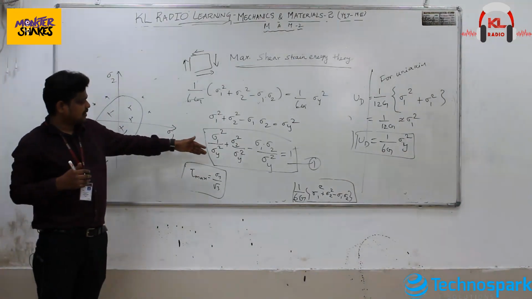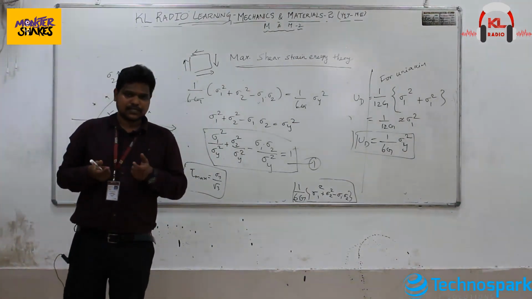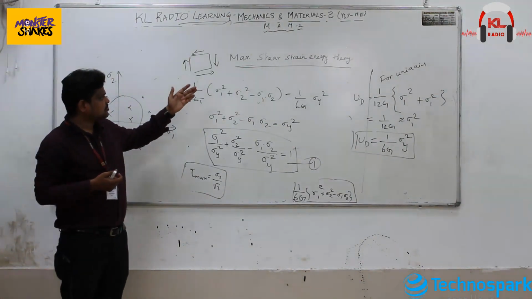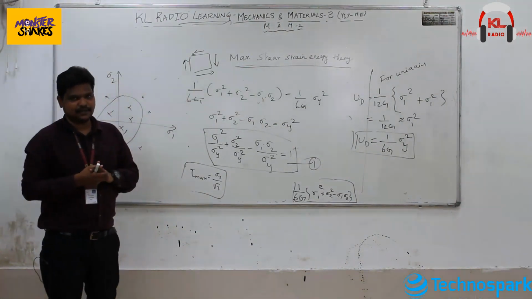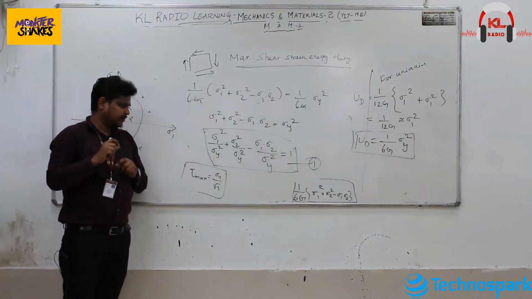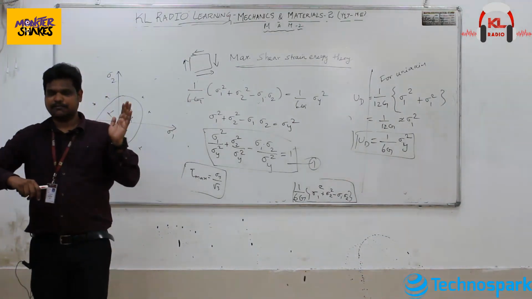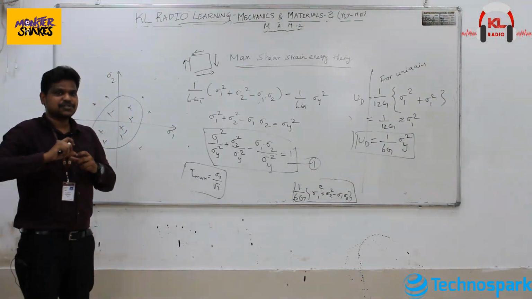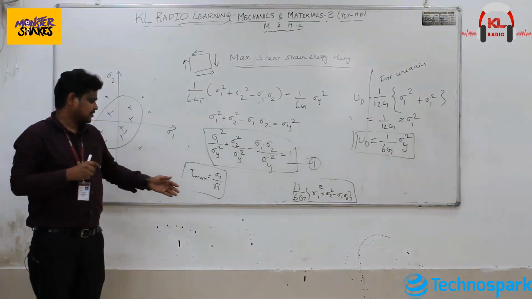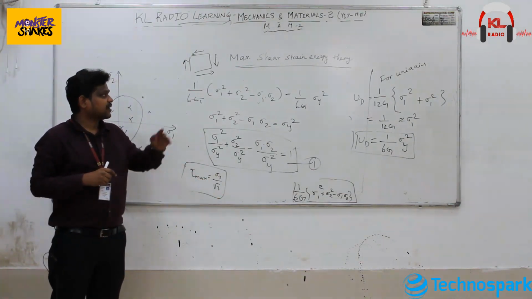So this equation also gives the same value, and that's why we conclude that the maximum shear strain energy theory will give a more accurate result than the maximum strain energy theory, and also when you compare with the maximum shear stress theory, where we will not get tau max equal to sigma y by root 3 for the pure shear case.